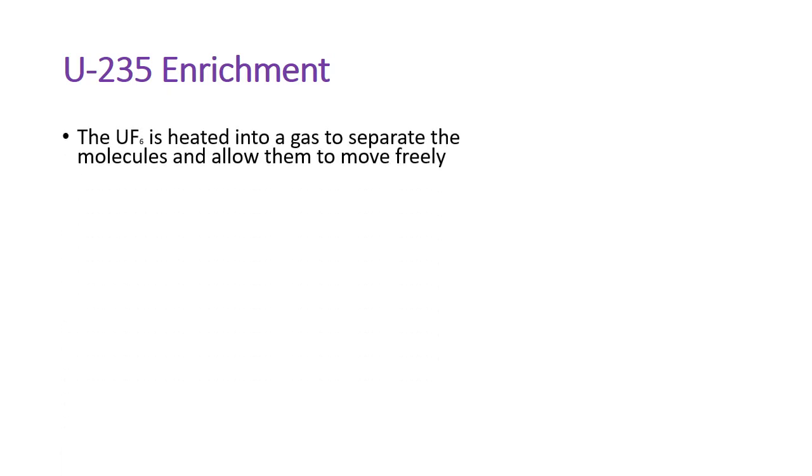So the fact that uranium hexafluoride sublimes at such a low temperature is actually very useful to us, because we have now separated all of the uranium atoms into single molecules, but we still have too much uranium-238. So the uranium hexafluoride is heated into a gas. That allows the molecules to move freely.